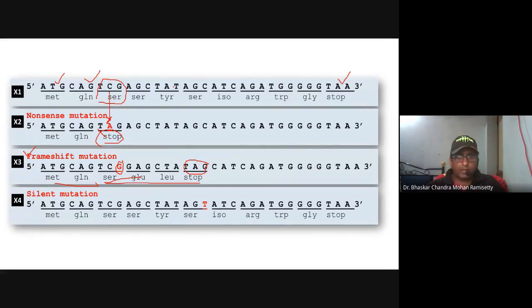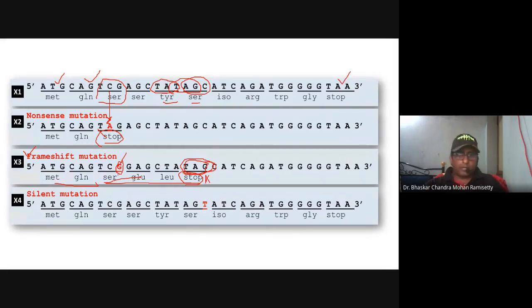You see that here is TAG, where this T was part of this codon here, and it encodes tyrosine, and here the AGC is encoding serine. Because of one insertion in this case, now TAG is being read as one codon, because of which it is now a stop codon and there is truncation.